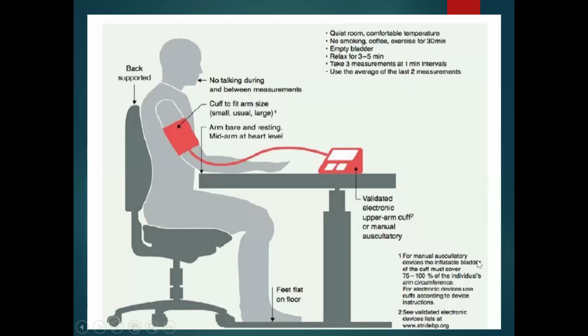For manual auscultatory, the inflatable bladder of the cuff must cover at least 75 to 100% of the individual's arm circumference. So these are the standards for taking the blood pressure of a patient within that period of 2 weeks apart before you can conclude that he has hypertension or not.